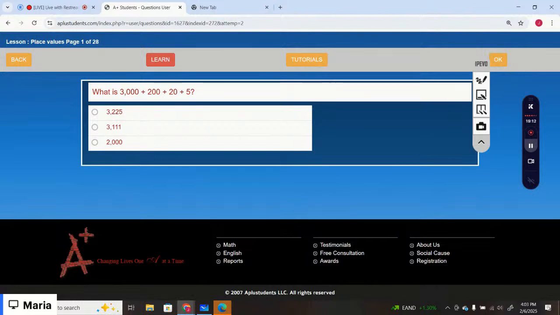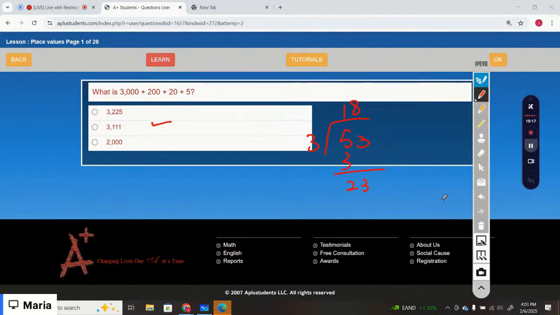What is 3000 plus 200 plus 20 plus 5? Whenever you have the number written in this form, that is known as the expanded form. Here the digits tell you the position of their place values. 3000 means 3 is at the thousands position. 200 means 2 is at the hundreds position. 20 means 2 is at the tens position, and 5 is at the ones.